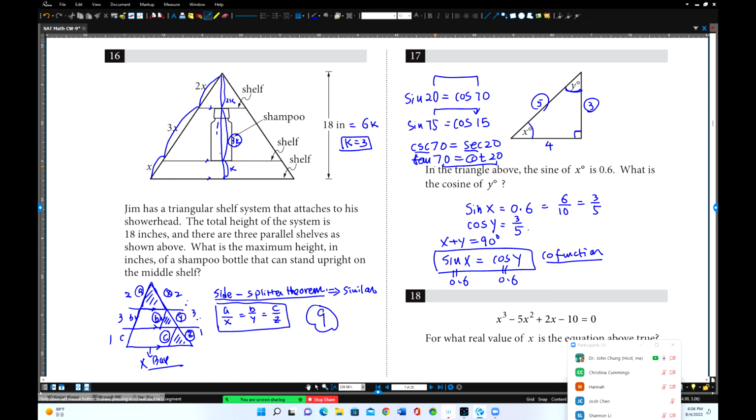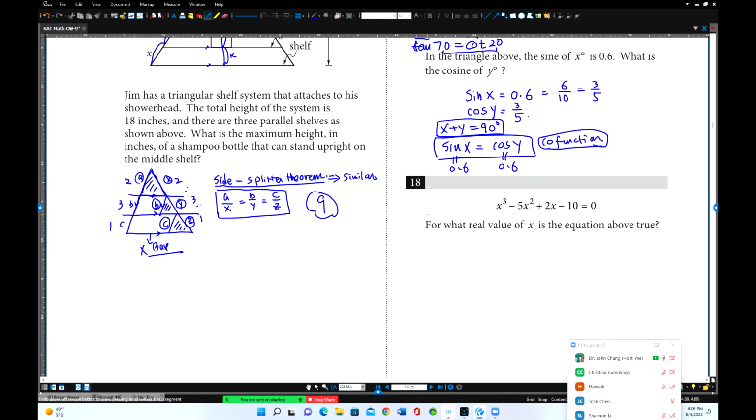Okay, sine and cosine are not the only co-functions. There are two more, okay? Cosecant and secant, and also tangent and cotangent are still co-functions. Co-functions are correlated, okay? Anyway, the answer is 0.6 or 3/5, either is okay.